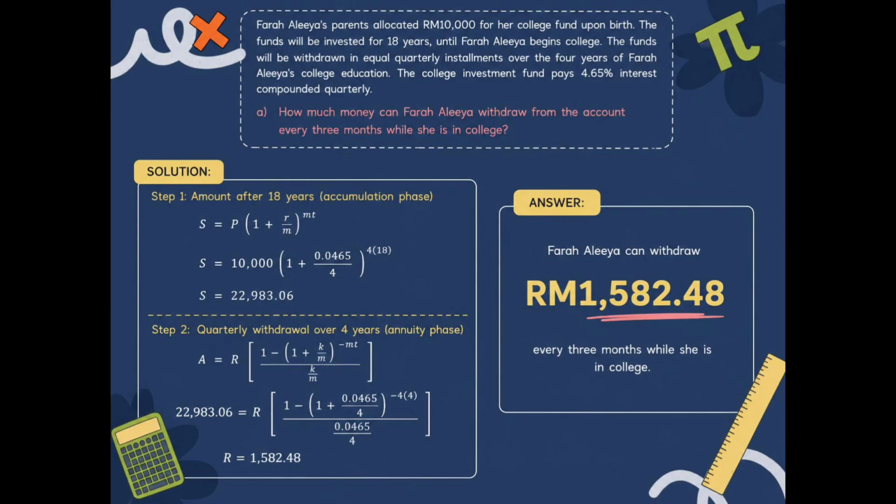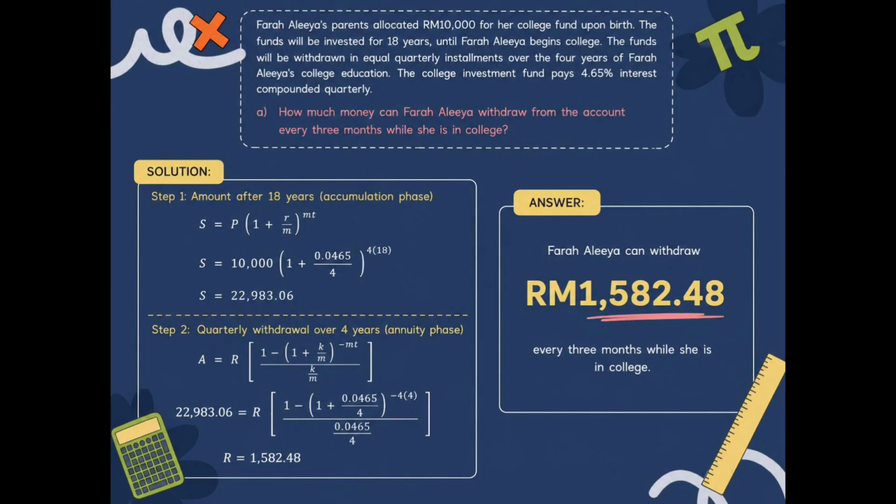So first step, calculate the accumulated value after 18 years. First, we need to determine how much the initial investment grows to after 18 years. We will use the compound interest formula in the slide. Now we substitute the given values into the formula.